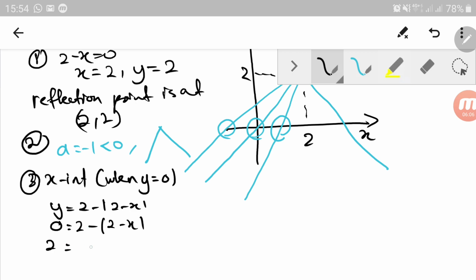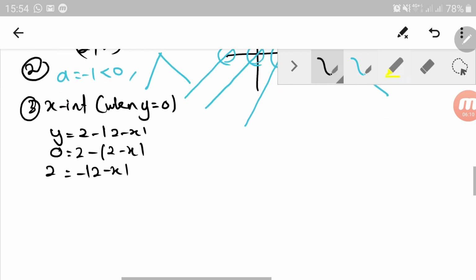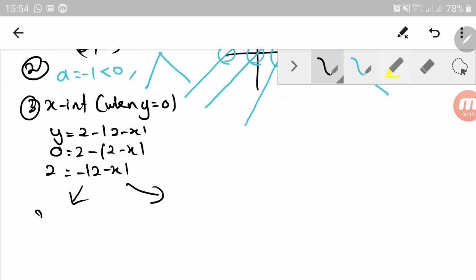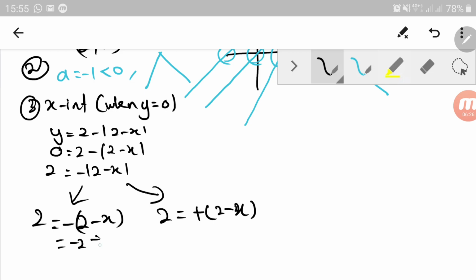So this one is |2 minus x|, which means two values. It's either negative (2 minus x) or positive (2 minus x) equal to 2. Expand them, and then this one I get x equals 0, this one I get x equals 4.